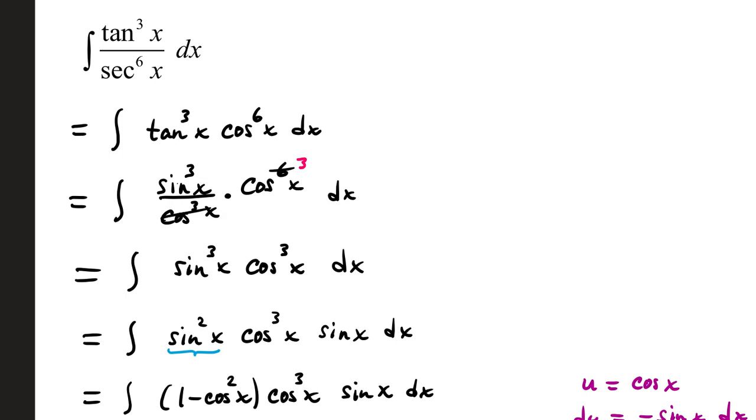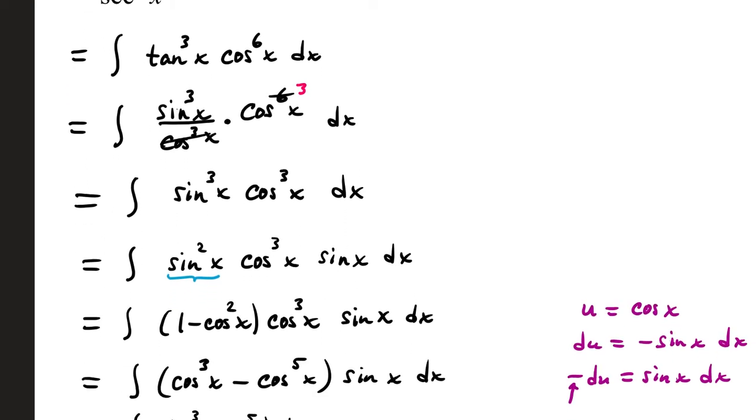Saving a sine, I'm going to split that into 2 and 1. Sine squared times sine, that's still sine cubed. We didn't lose anything. We didn't gain anything. The reason I want to do that is using a Pythagorean identity, sine squared x can be written as 1 minus cosine squared x.